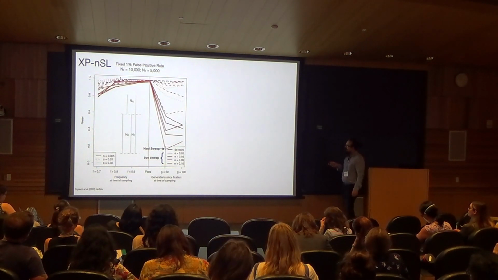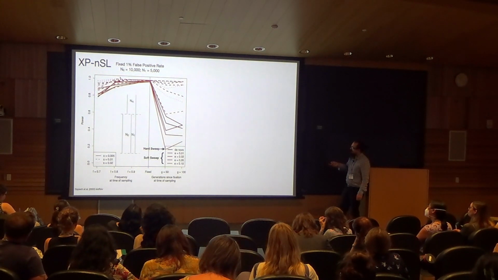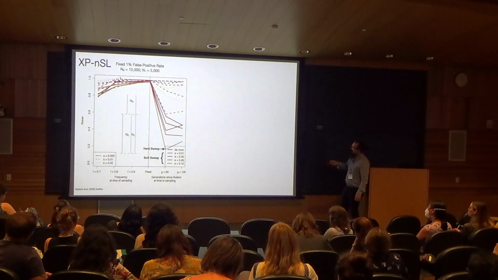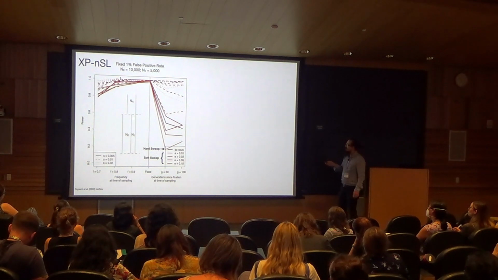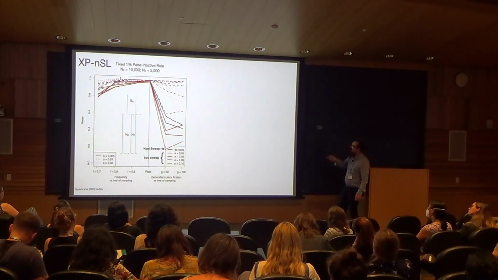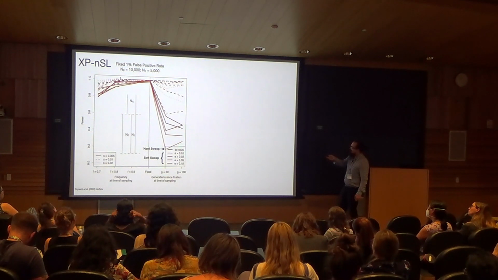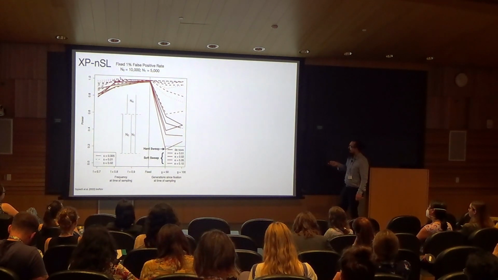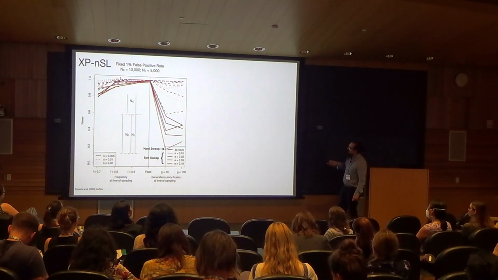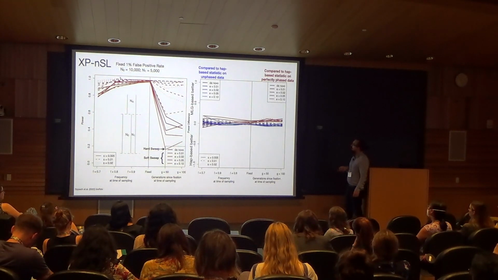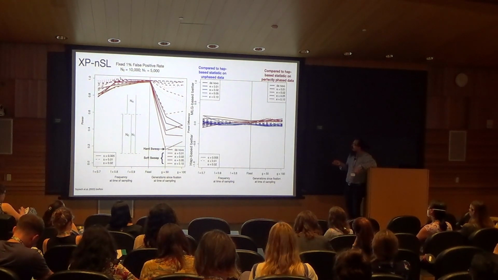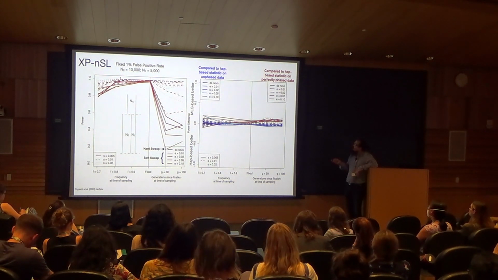If we now look at a slightly different demographic scenario, where the sweep is happening in our larger population, n equals 10,000, and our reference population happens to be a lot smaller, n equals 5,000, we still do pretty decent, especially right up to and including fixation. We start to lose a bit of power for the really soft sweeps and the fairly weak selection post fixation. But when we compare that to the phased statistic on perfectly phased data, and naively on the unphased data, we're doing about the same, if not sometimes a little better.